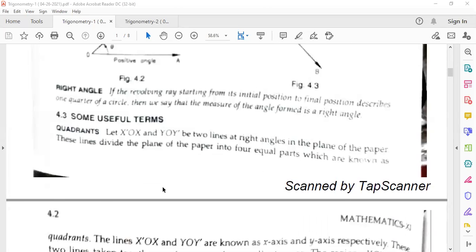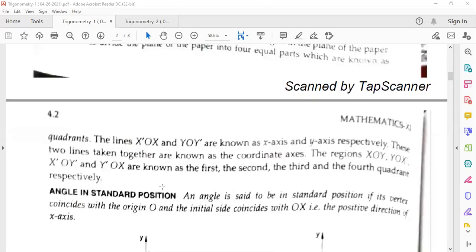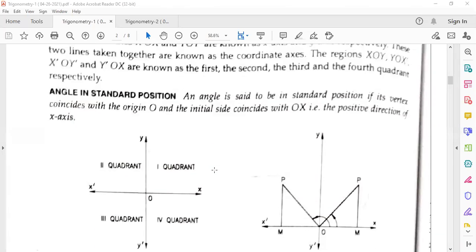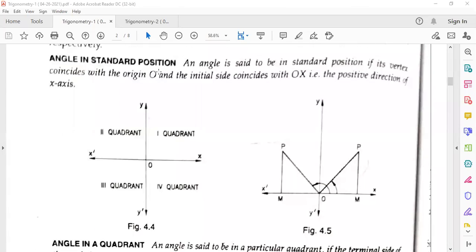Here some useful formulas are given. It is not required for us, so we left it. But for the quadrant angle in standard position, we know that this XOX dash is called the x-axis. The x-axis is also called the real axis, and YOY dash is called the y-axis, also called the imaginary axis.